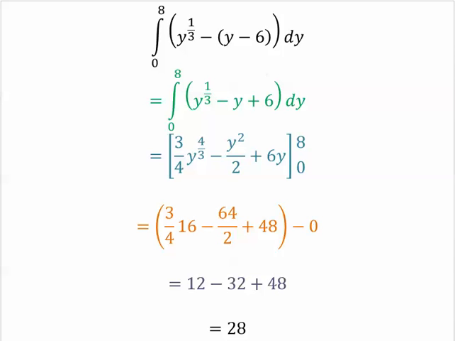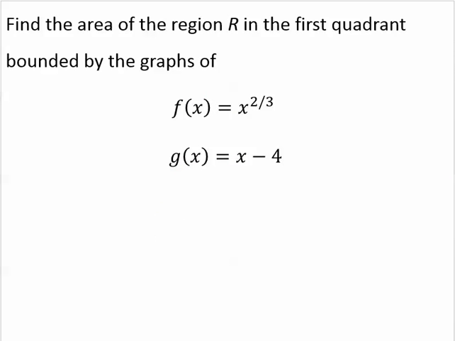Let's do a different example. Find the area of the region in the first quadrant bounded by the graphs of f and g. So again, I have the curves written in terms of x, and if I want to integrate with respect to y, I'm going to have to rewrite my curves.